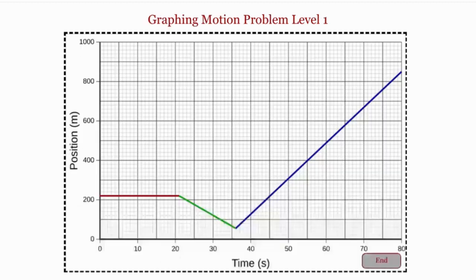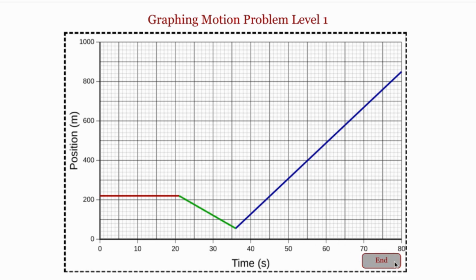Okay, now the other problem, graphing motion. So this graph, again, shows you position and time. And what you need to do is you have three regions. You have this red region, green, and blue. So you need to figure out what is it doing in each one of these regions.